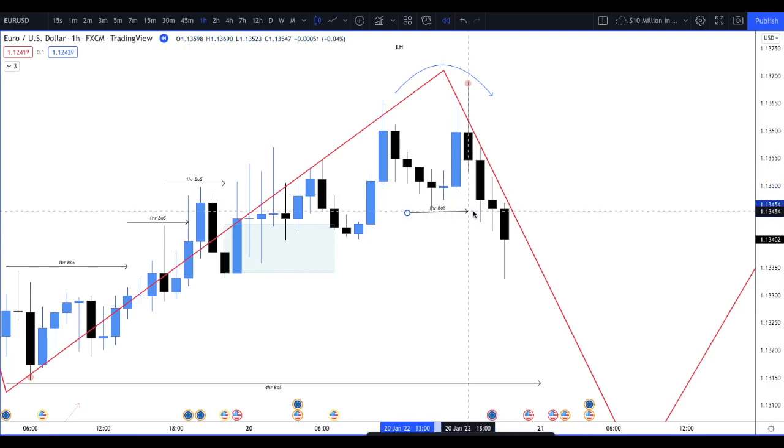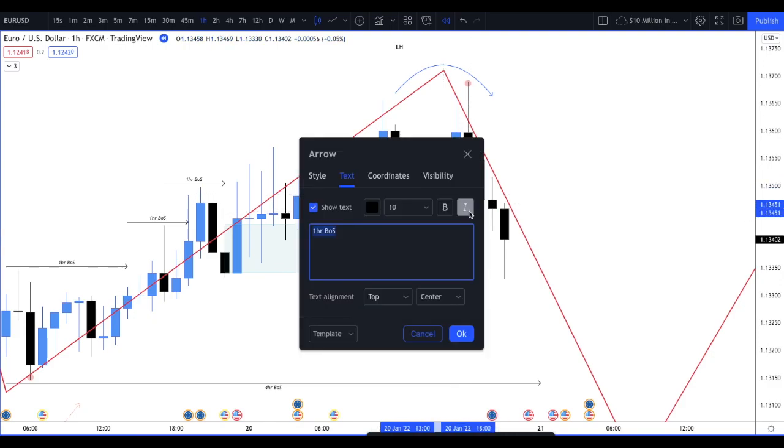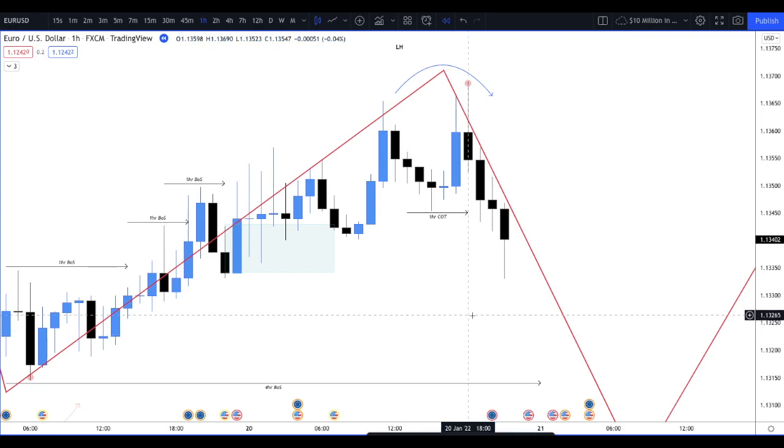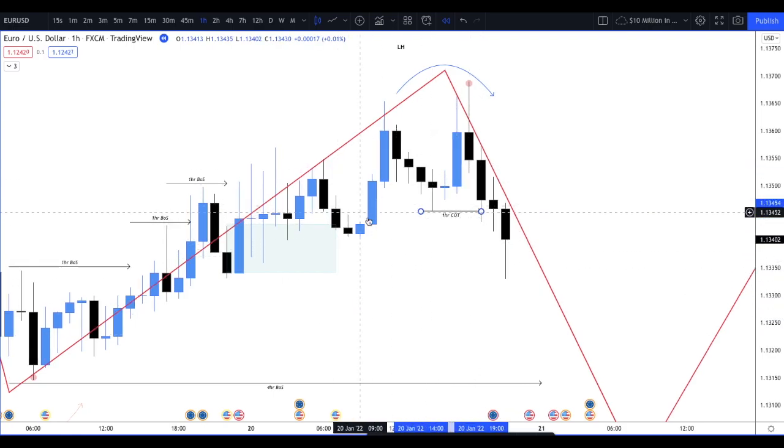So we've had a 1 hour CHoCH. All right, this confirmed it. Yes, this was potential strong low, sorry, right here.